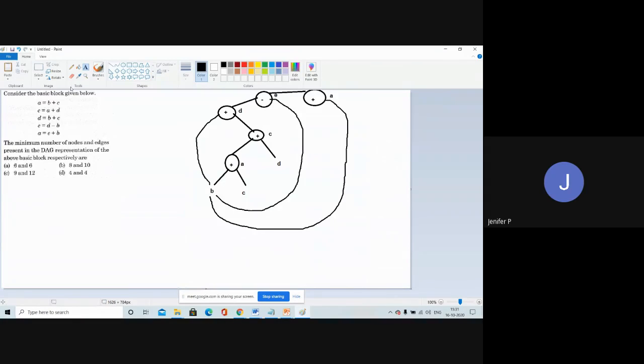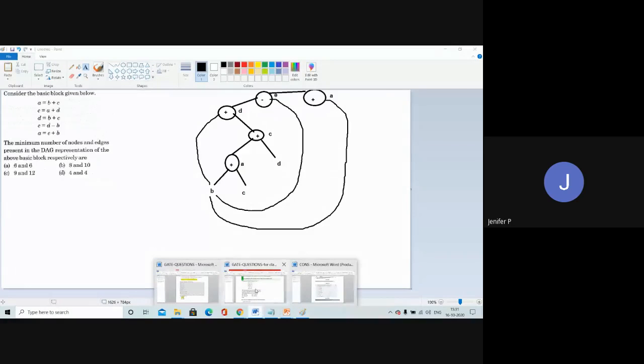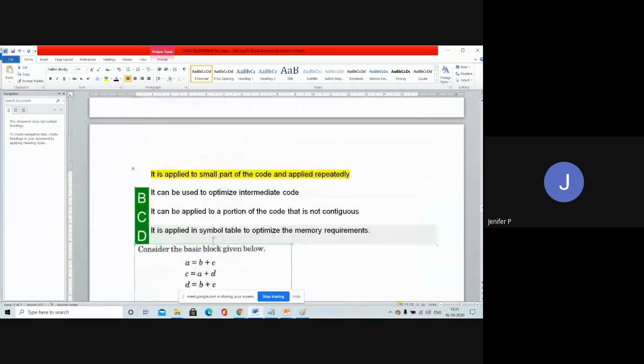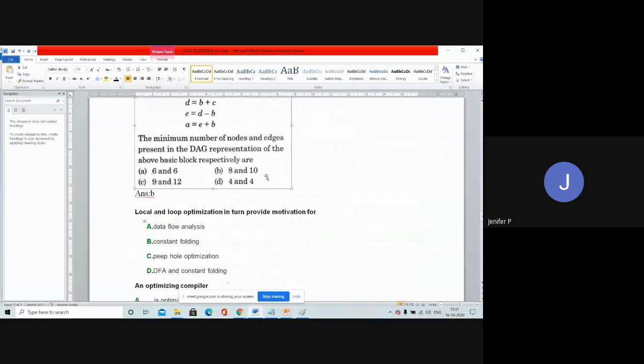Okay, but here இதுல இருந்தே B never change ஆகல அந்த blockல. The same B will be used for all the statements. So here the answer will be 8 nodes and 10 edges. This is your answer. Answer is 3.